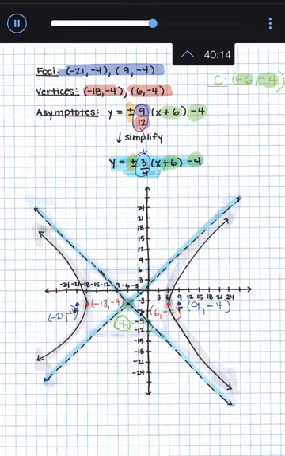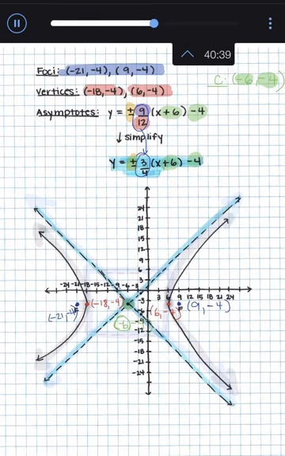Now, if you want to quickly draw them, we already have the center drawn in at negative 6, negative 4 here. So if we want to actually draw in the asymptotes quickly, assume they weren't here already, we would use our box method. Well, our box method would say, from the center, let's make our box going.